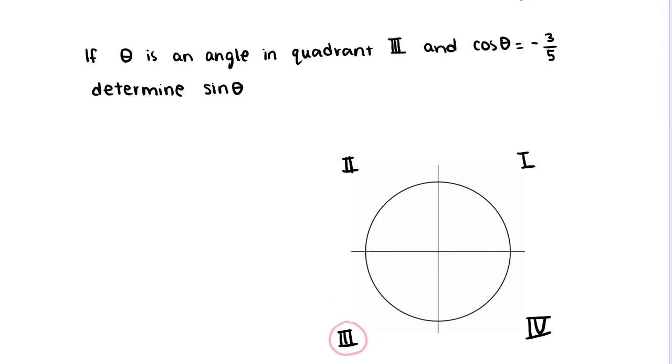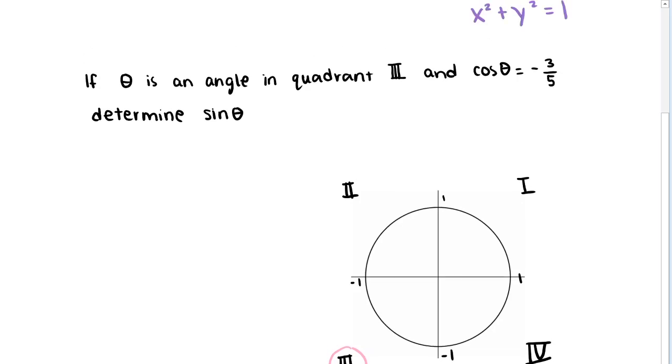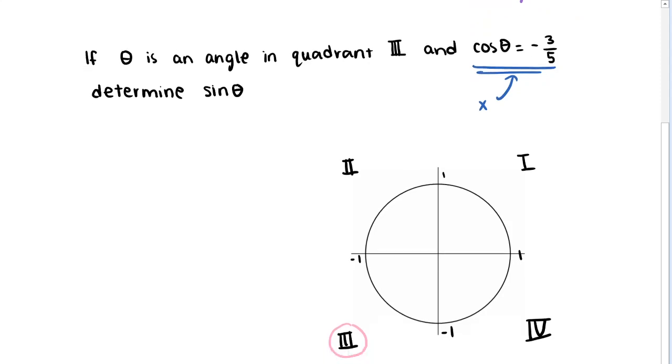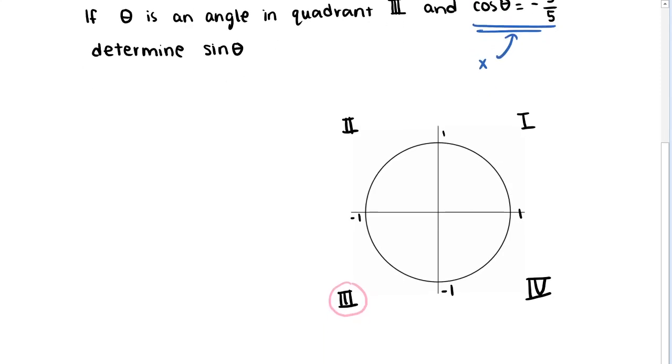Now, if we're thinking about cosine of theta, we can think about dealing with the unit circle here. And we're saying that cosine of theta, the x-coordinate of the point on the unit circle here, is negative 3 over 5. So negative 3 over 5 as an x value is roughly here, right? So maybe we'll just draw the line here.